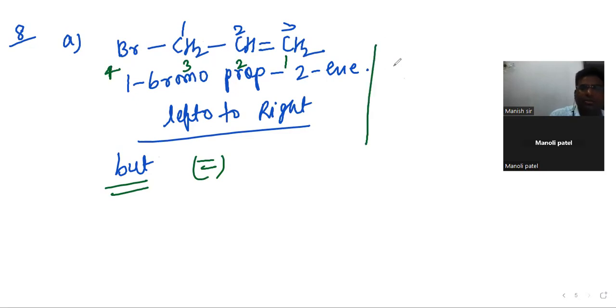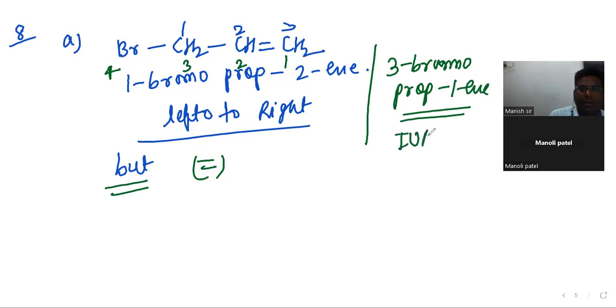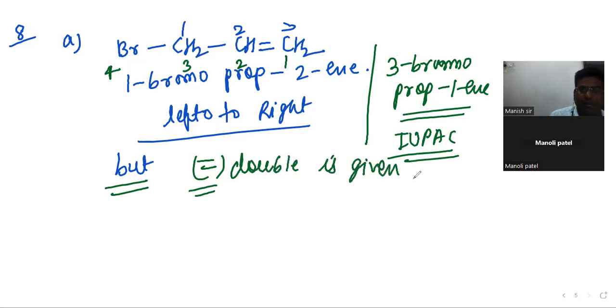So then the name changes to this one. So it will be 3-bromo, 3-bromomethylprop-1-ene, right? So it is not following the IUPAC rule. So here the double bond is given more preference.